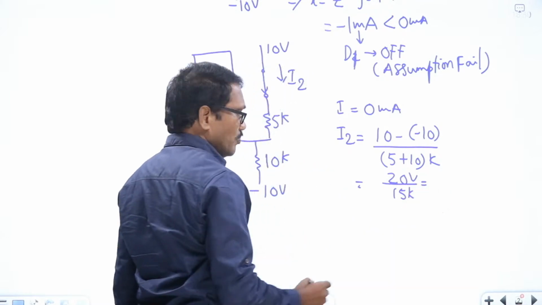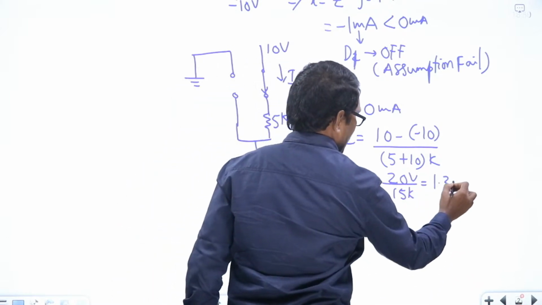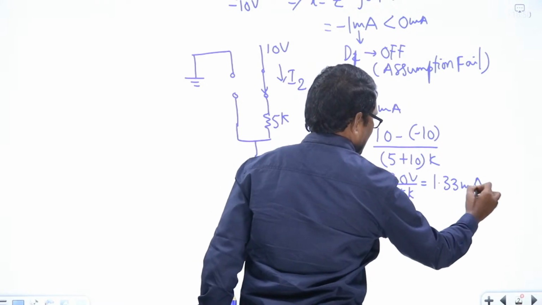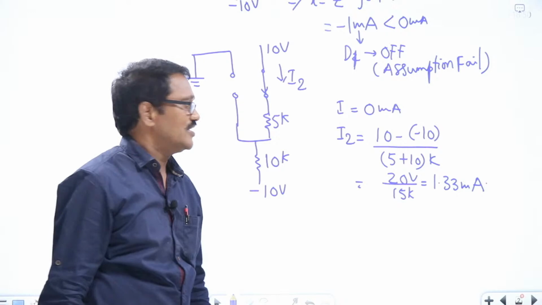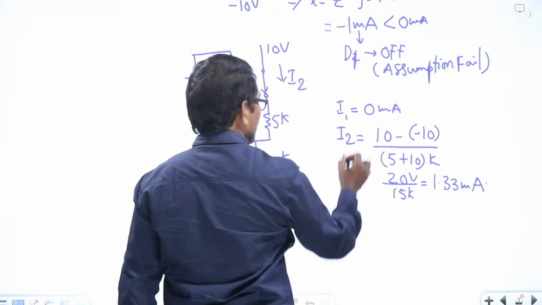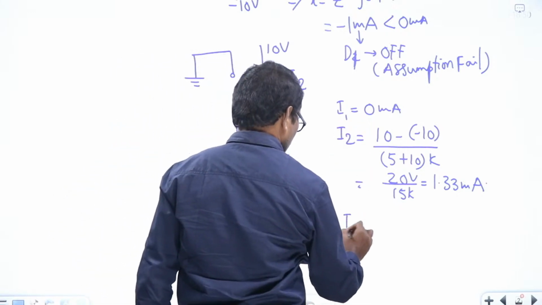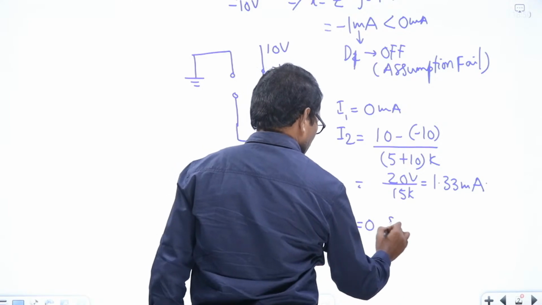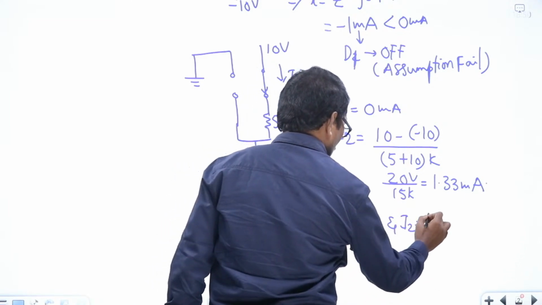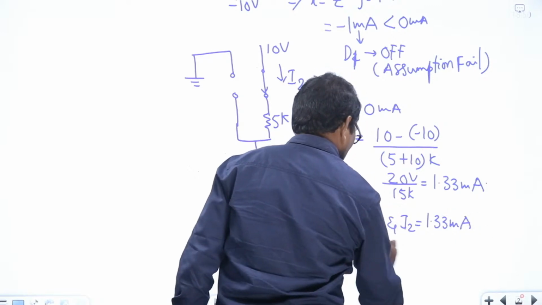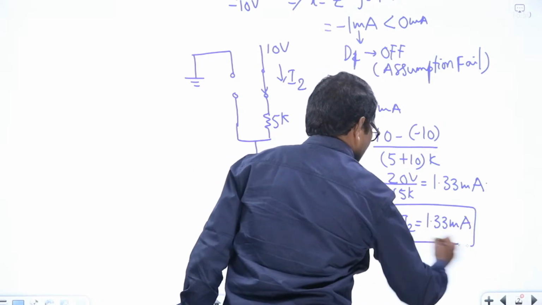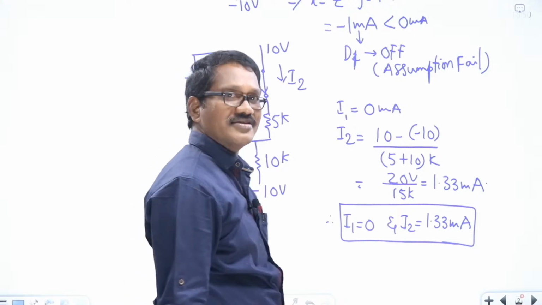This is calculated as 1.33 milliamperes. That means I1 is equal to 0, and I2 is equal to 1.33 milliamperes. You can check just by calculating this.